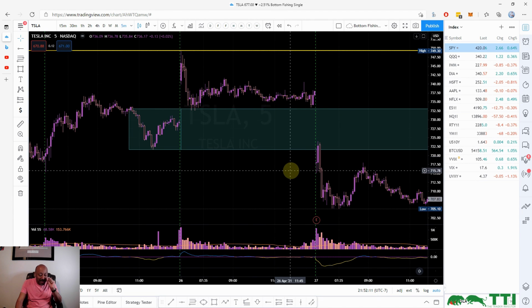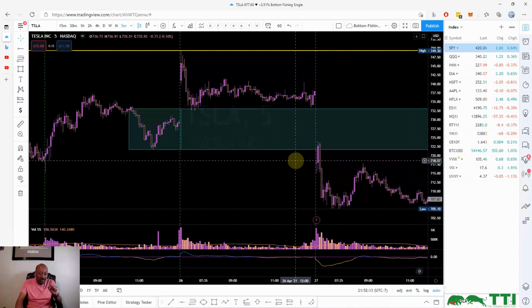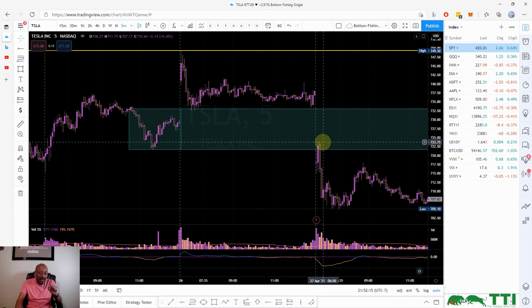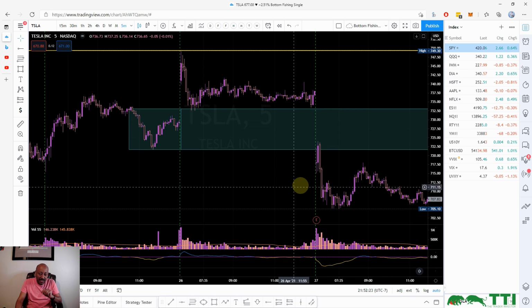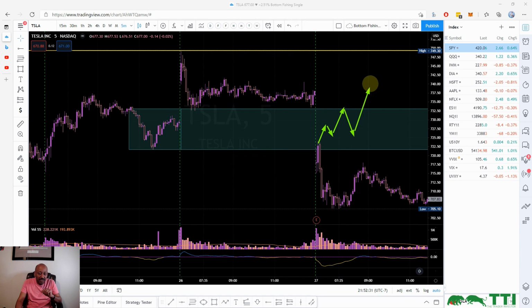So immediately, as soon as price enters this order block, I have no long entry yet. I have no long entry. I am patiently waiting. Now, if price gives you break of structure, you can absolutely enter and close this gap.